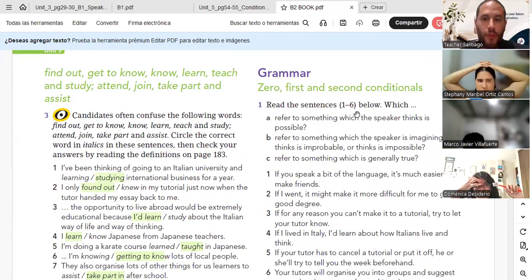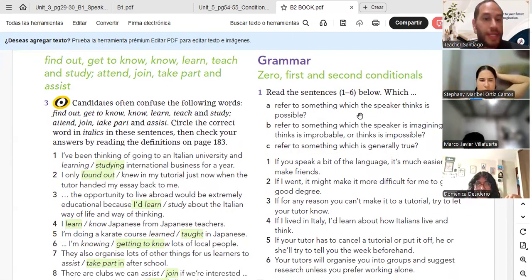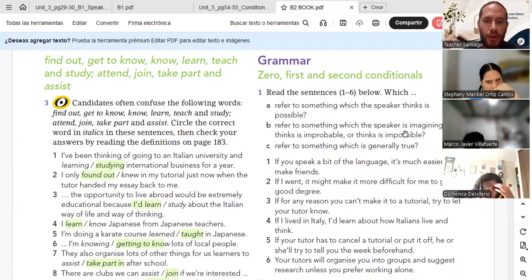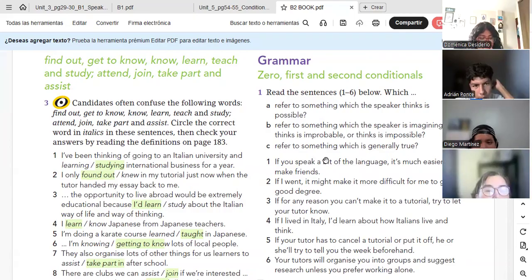Read the sentences from 1 to 6 below, which refer to something which the speaker thinks is possible, something which the speaker imagines and thinks is improbable or impossible, or something which is generally true. These three things refer to the uses of zero, first and second conditional. Do you remember the uses, guys? Do you remember about conditional at least? Yes, kind of. Okay, no worries. We're going to review it.